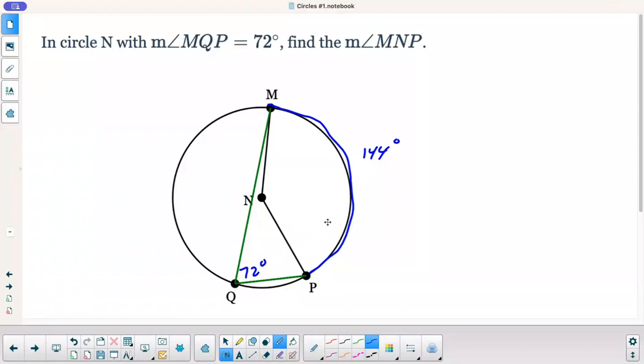We double it. And then since angle MNP is a central angle, this angle here is equal to the intercepted arc. So the measure of angle MNP would be 144. All right, that's it for this video.